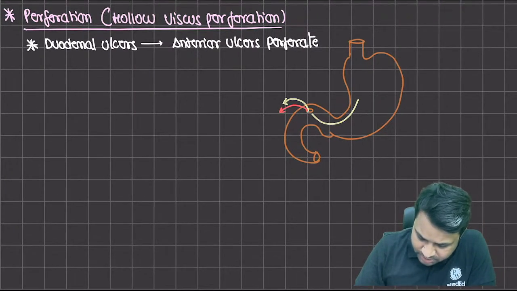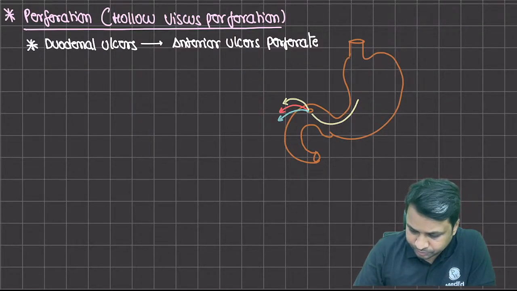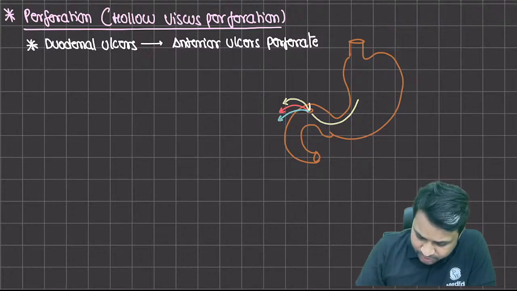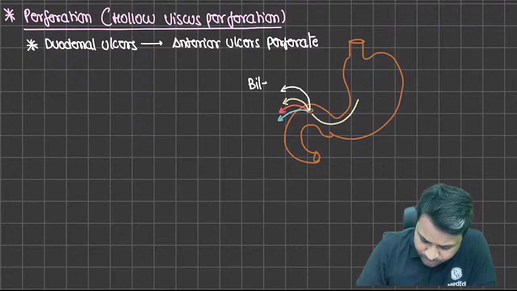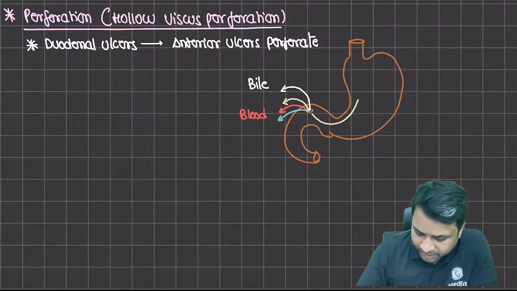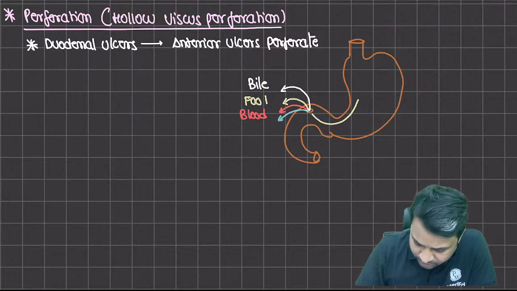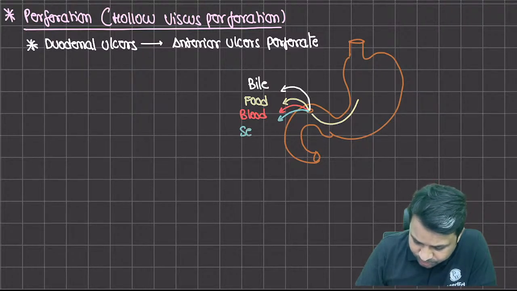Some amount of serous secretions are going to spill out. But more importantly, one of the most irritating ones which is going to spill is the bile, right? So the bile is going to spill out. The blood is going to spill out. You have the bile, you have the blood, you have the food particles, and then you have the GI secretions.